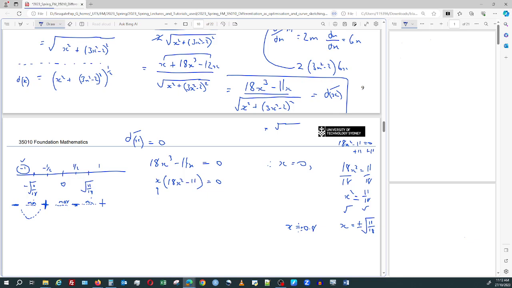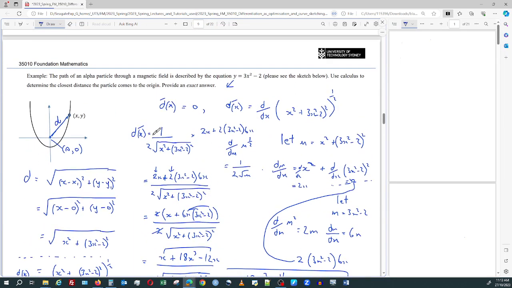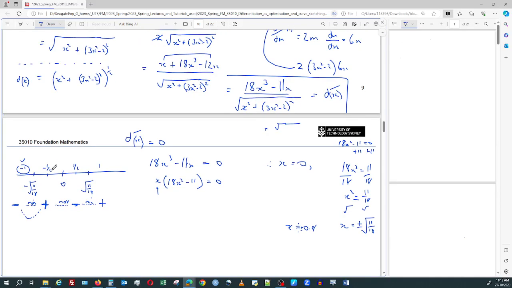All right. Now, what was the other thing in the question? Provide an exact value to determine the closest distance. So we've actually got to do a calculation at this minimum value. Okay, so which one's going to be the minimal? It doesn't matter. We can just do root 11 on 18.